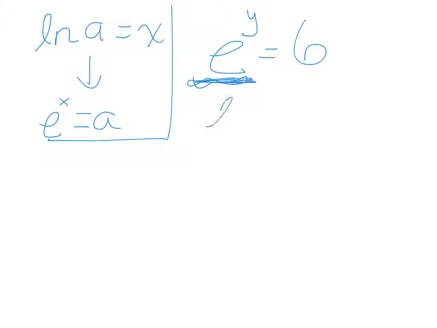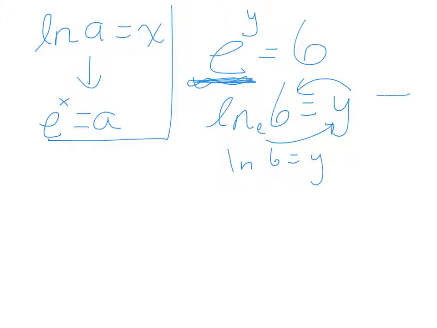Base e means just natural log. And then of 6 equals y. So e to the y equals 6, that's just my check. So my final answer would just be ln of 6 equals y. So that was just double checking, is this true?